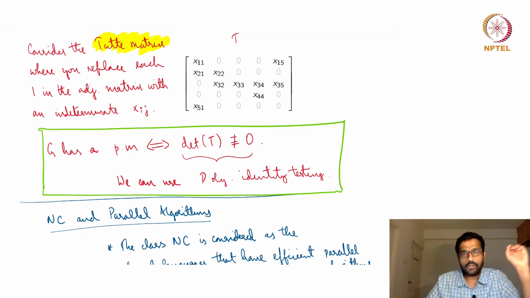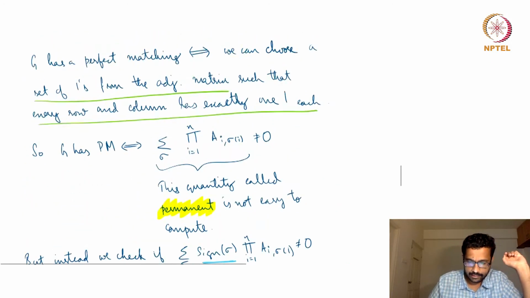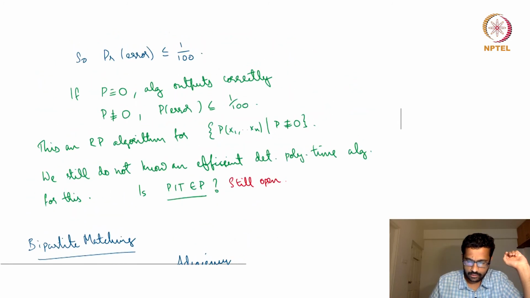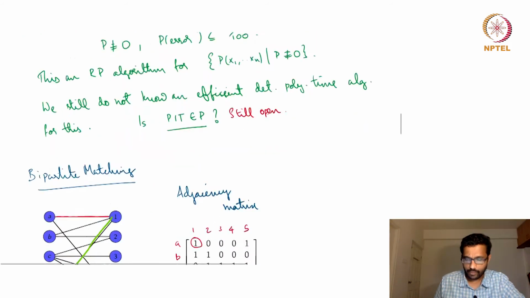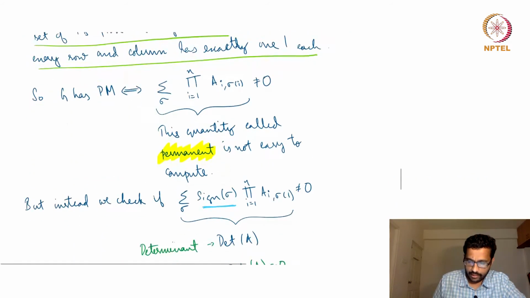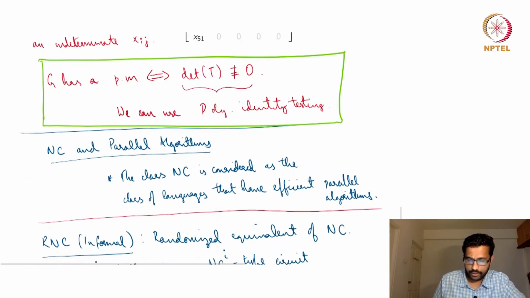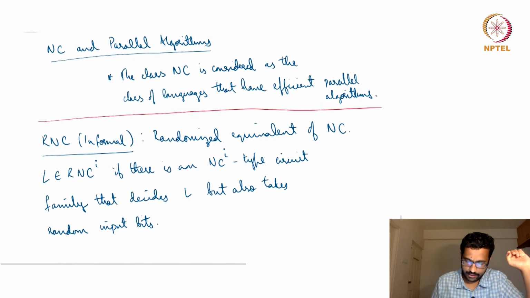We will use polynomial identity testing, and the algorithm that we described for polynomial non-identity testing was a randomized algorithm. So it is a computation of the determinant, but also using randomization.